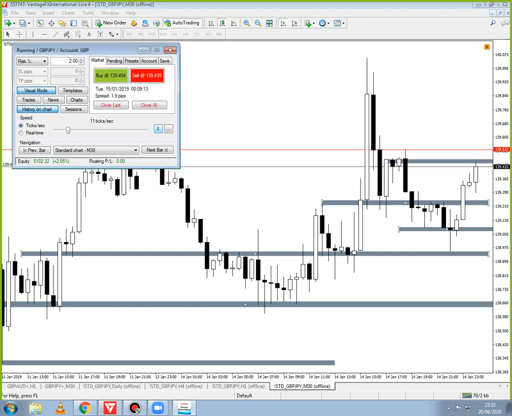Let's go ahead and continue. Unless this candle closes above that 450 area, I think I'll get in on the break of this wick.